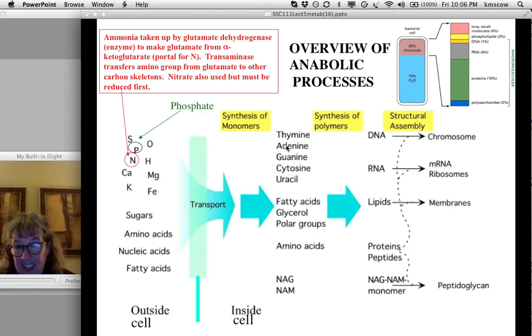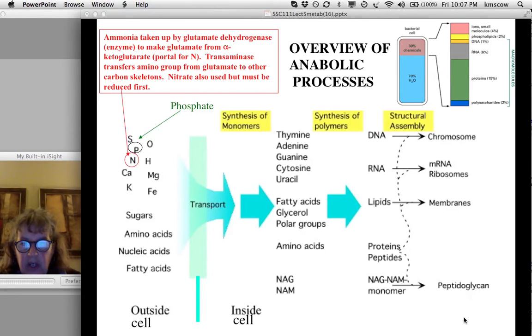TAGC, yeah, that go into making DNA, and then the fatty acids, which go into making lipids, and the amino acids, which go into making proteins, and some of these compounds that are made up of sugars that go into making, NAG and NAM go into making peptidoglycan.